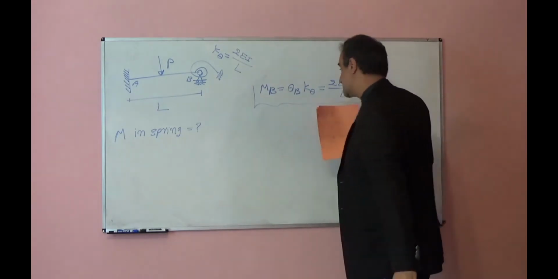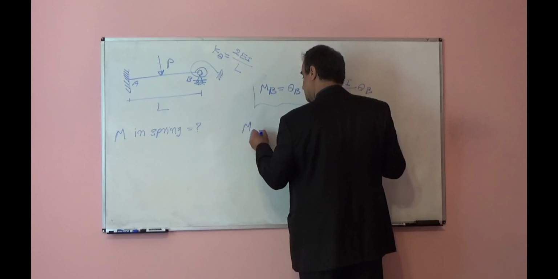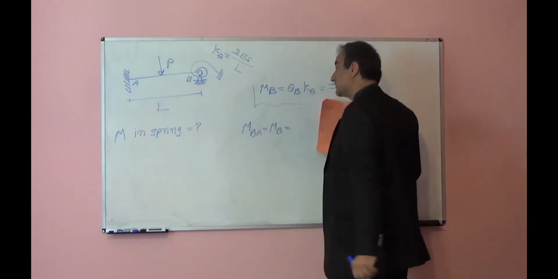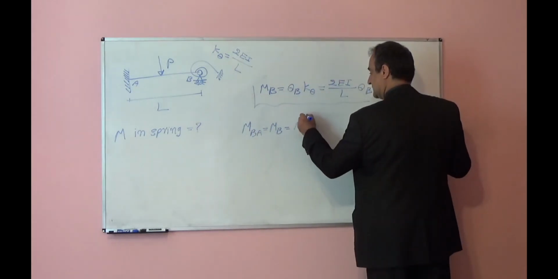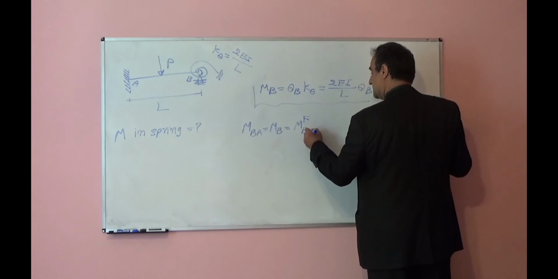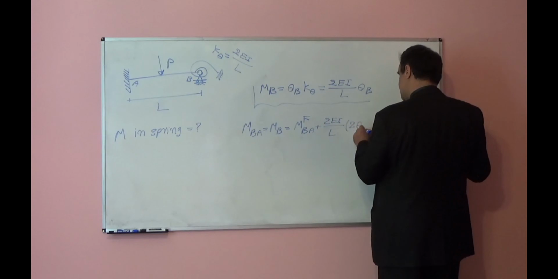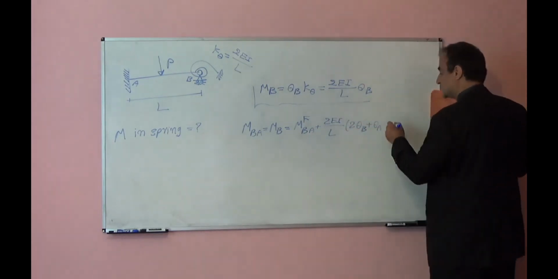If I write the slope deflection equation, MBA, which is equal to MB here, that is equal to M fixed BA plus 2EI over L times (2 theta B plus theta A). There is no settlement, so that term is 0.